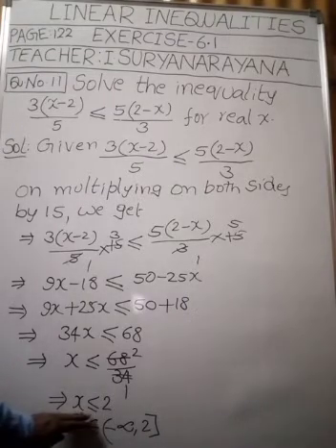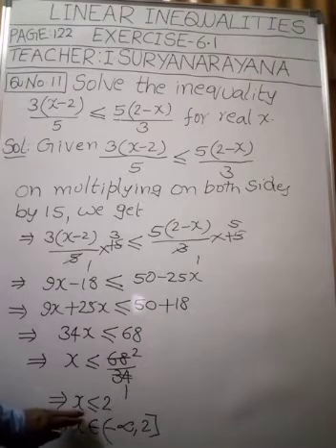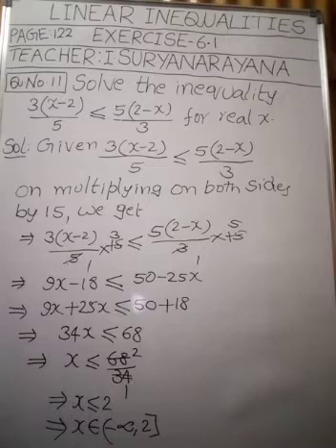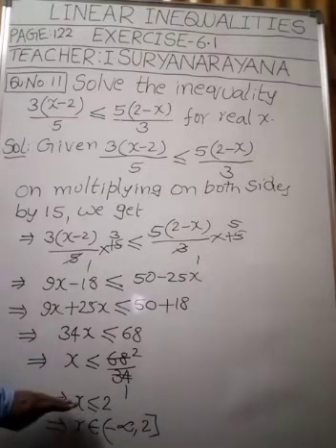Now we can represent the solution of this inequality on the number line. That is said to be graphical representation. Here they did not ask for that graphical representation. But from question number 17, 18, 19 and 20, they asked for the graph of the solutions, meaning graphical representation of the solution set of this inequality.